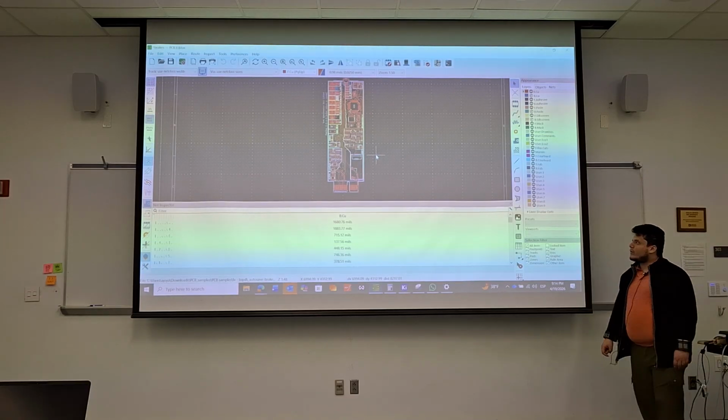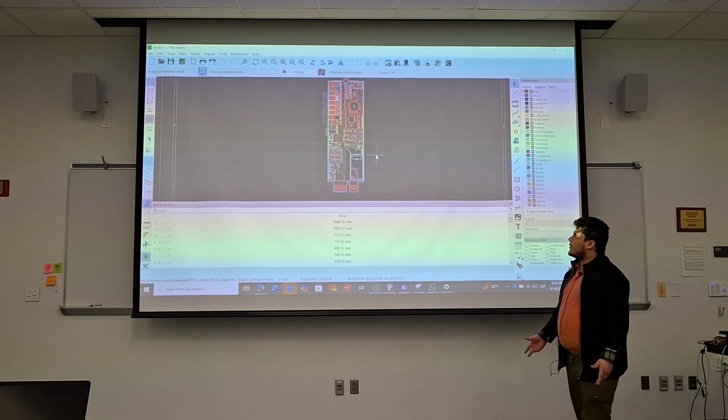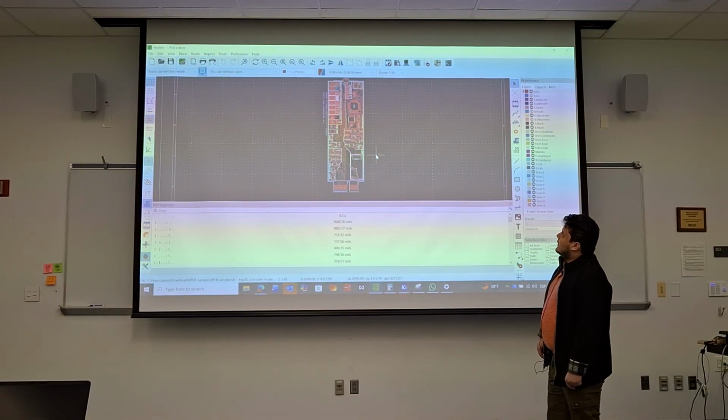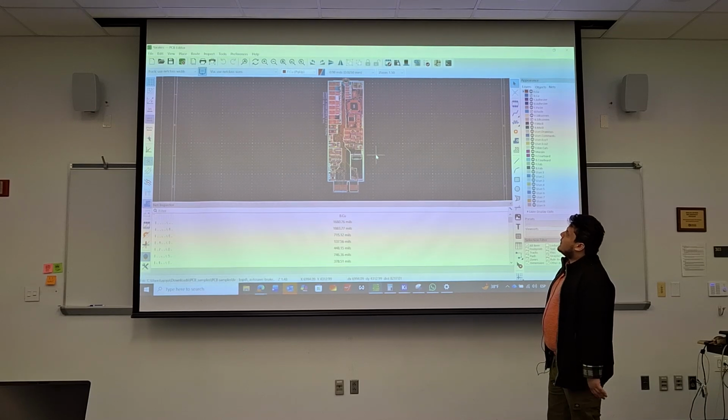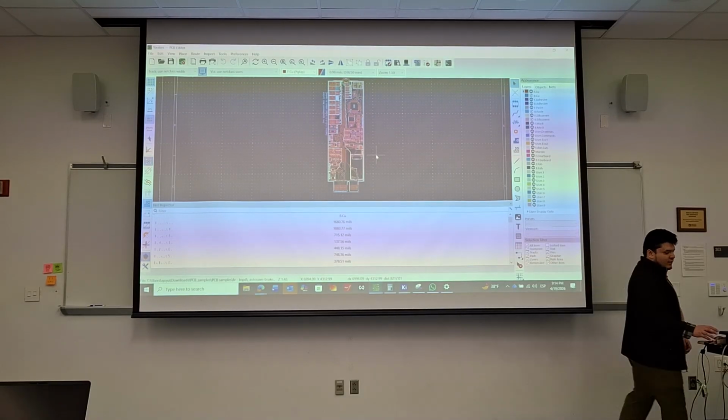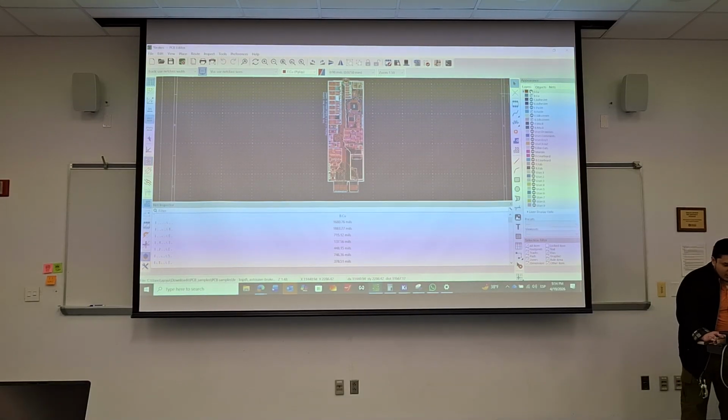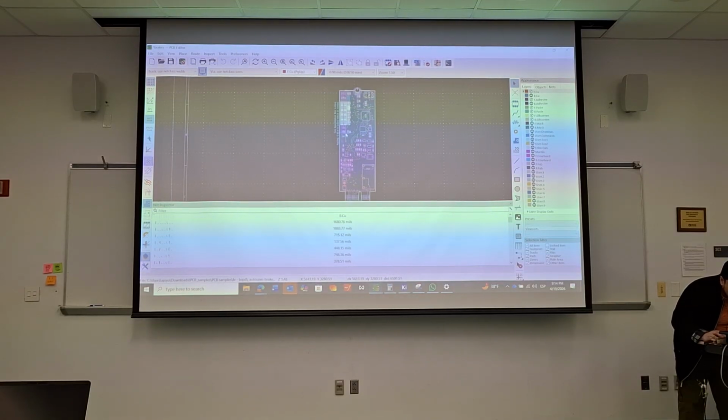I'd be wary of those trace lengths. Again, a lot of this is floating, so this is also a bit of a hazard if I'm being harsh with it. Because if we look at your ground, let me see if I can turn off the solder paste and the solder mask.